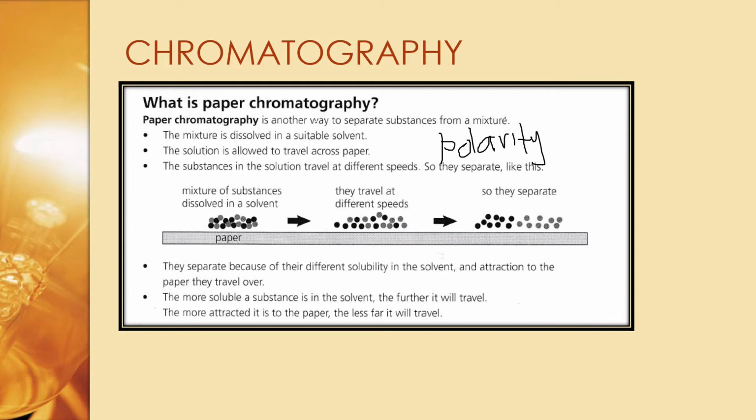So the higher the polarity, the higher the intermolecular attraction. But you don't need to know this polarity yet. I'm just simply explaining it to you because you're going to be learning about polarity in university.